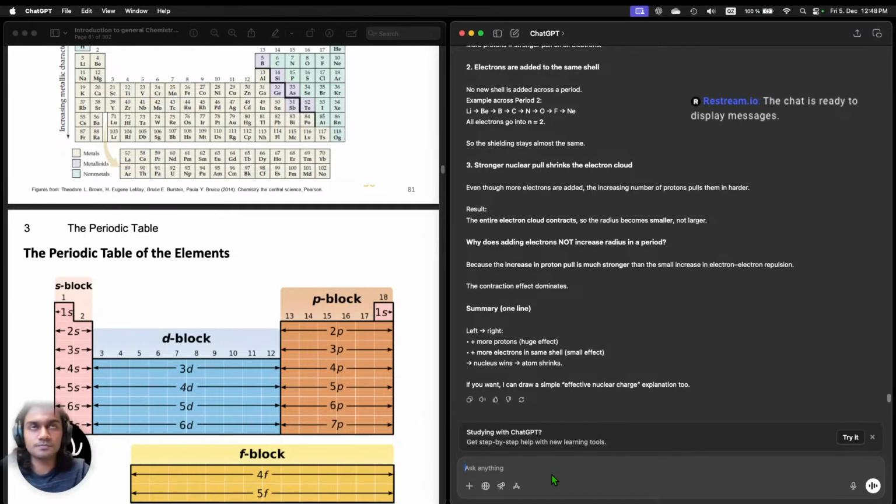The same logic, protons still apply from top to bottom. More atomic number, more protons.